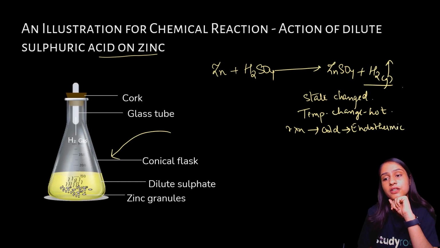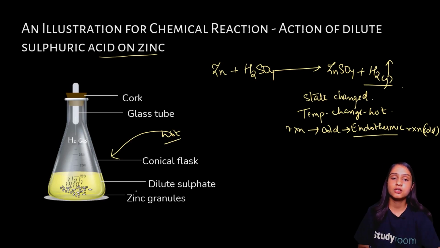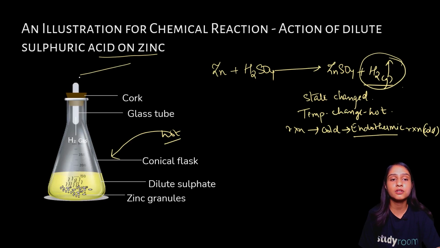So these are the properties that signify a chemical reaction. This is an endothermic reaction when the conical flask is cold, but here it is hot, so this is known as an exothermic reaction. The H2 gas got emitted. How can we conclude that H2 gas got emitted? You take a matchstick and burn it over here. You will notice a popping sound.